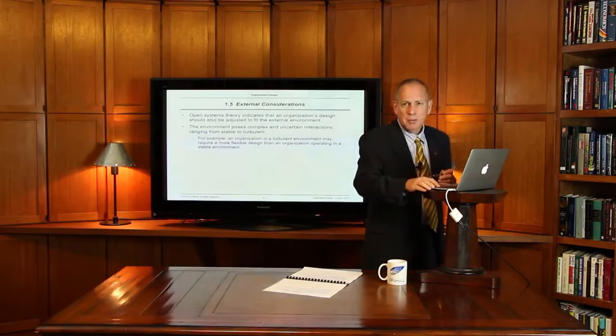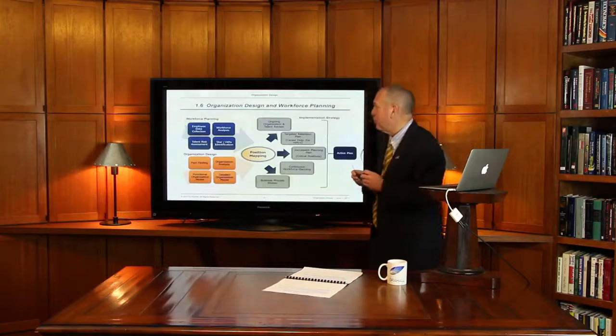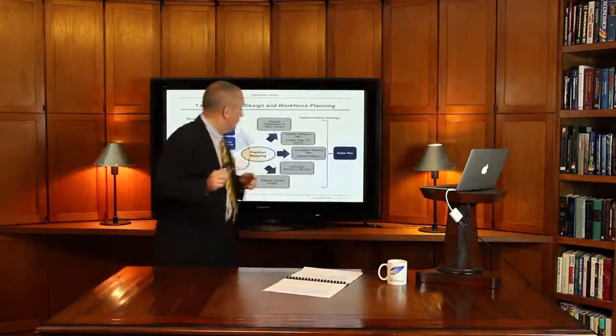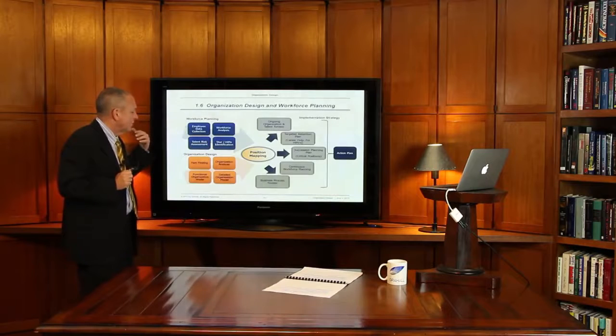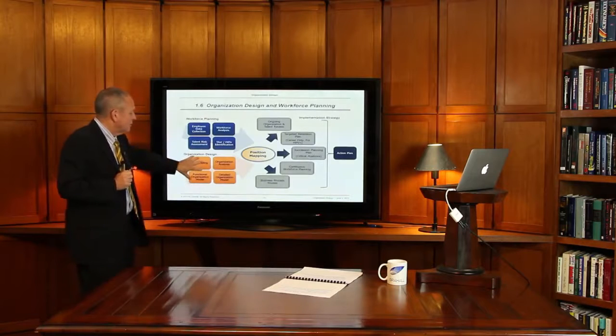As I mentioned, later on we're going to talk about workforce planning and how this all links. This diagram provides our view of all of this. So if we want to start back over here with organization design, when we conduct an organization design project, we look at a variety of things. We look at fact-finding. So this is the consultants getting to know your organization.